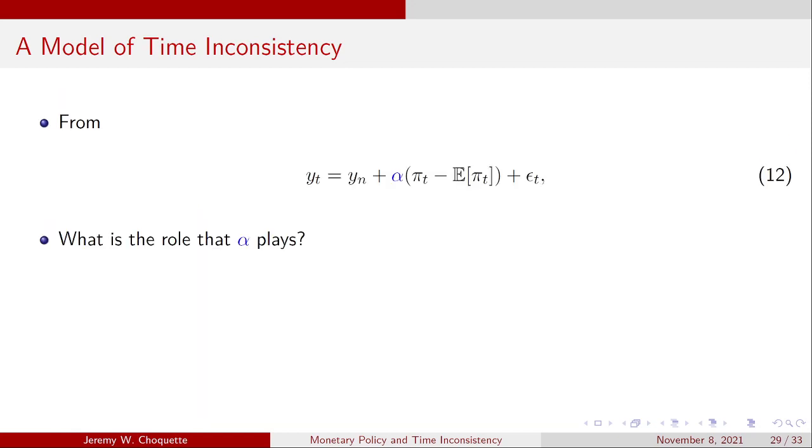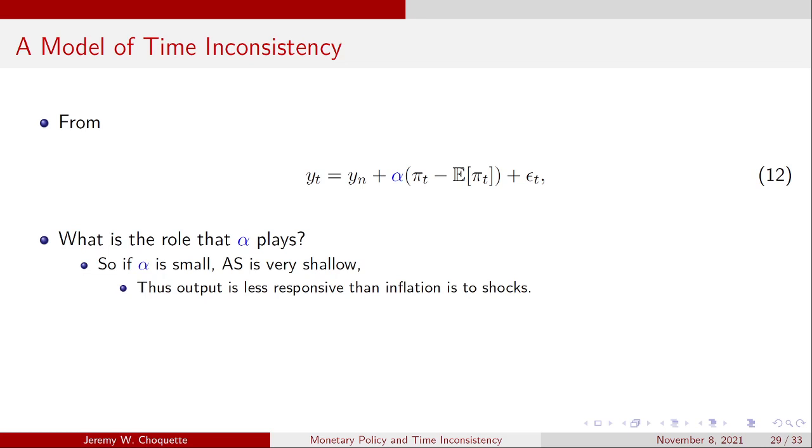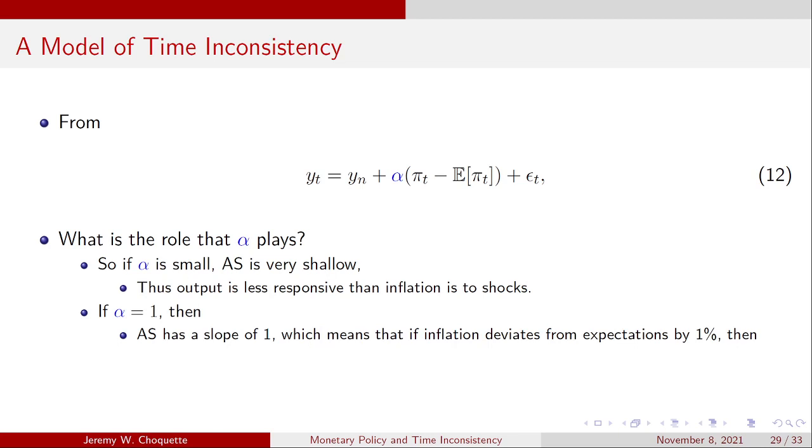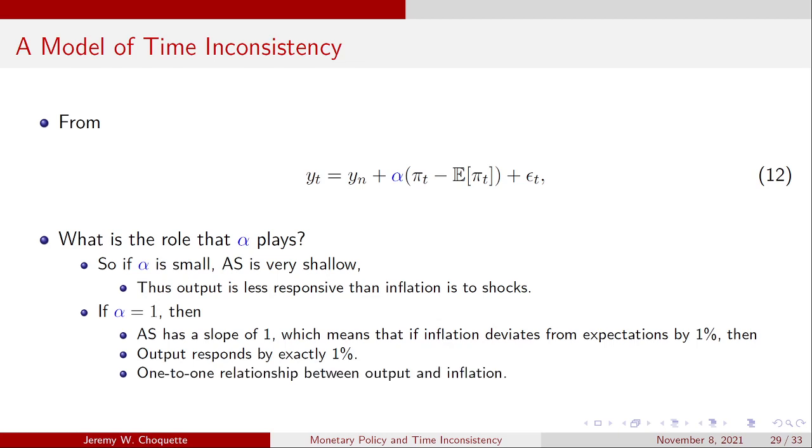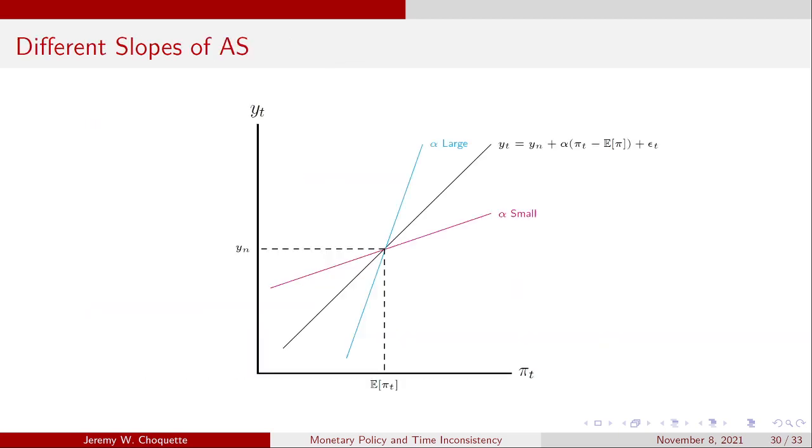So from this, if alpha is small, aggregate supply is shallow. Not a very steep slope. Output's less responsive than inflation to shocks. If alpha is 1, aggregate supply has a slope of 1, which means if inflation deviates from expectations by 1%, output responds by exactly 1%. A 1-to-1 relationship.